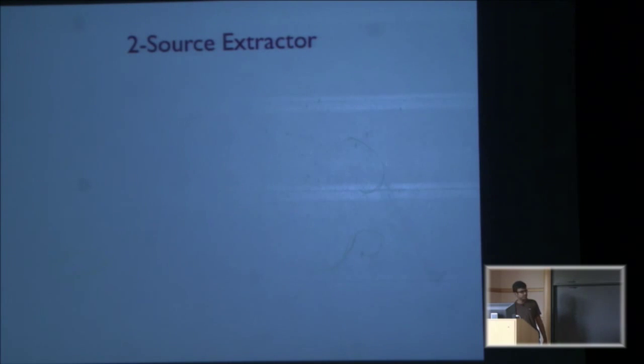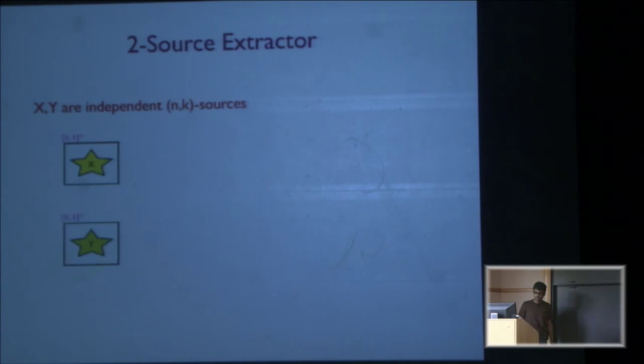All right, let's look at what a two-source extractor is. Let x, y be independent (n, k) sources. So recall that (n, k) is a source on n bits with min-entropy at least k. So you have x and y, and this extractor gets a sample from x, a sample from y, and it outputs a uniform bit or almost close to uniform bit.